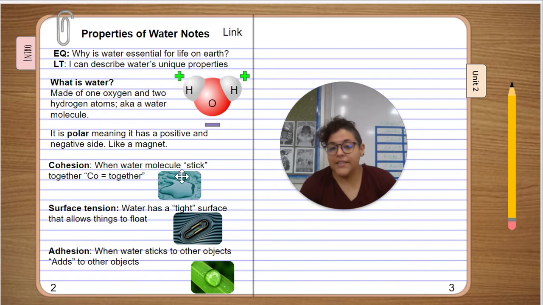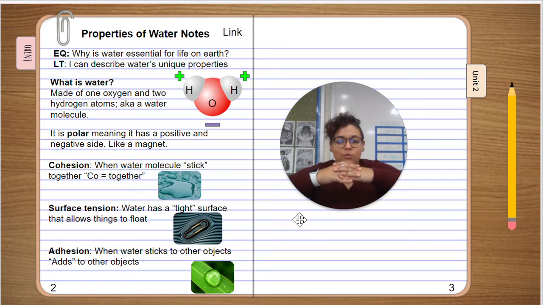Also, because of cohesion, we see another property of water called surface tension. So surface tension means that water has a tight surface and allows things to float. So in this picture, it might be hard to tell, but it's a paper clip floating on top of water, and that's what those lines are showing you.